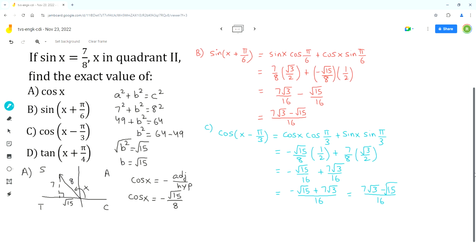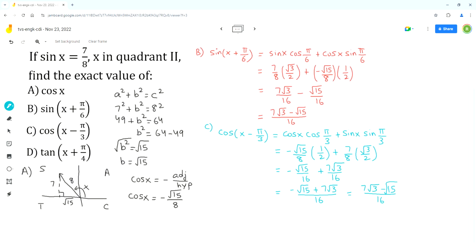Now we can answer part D, tan of x plus pi over 4. The first step is to write the identity.